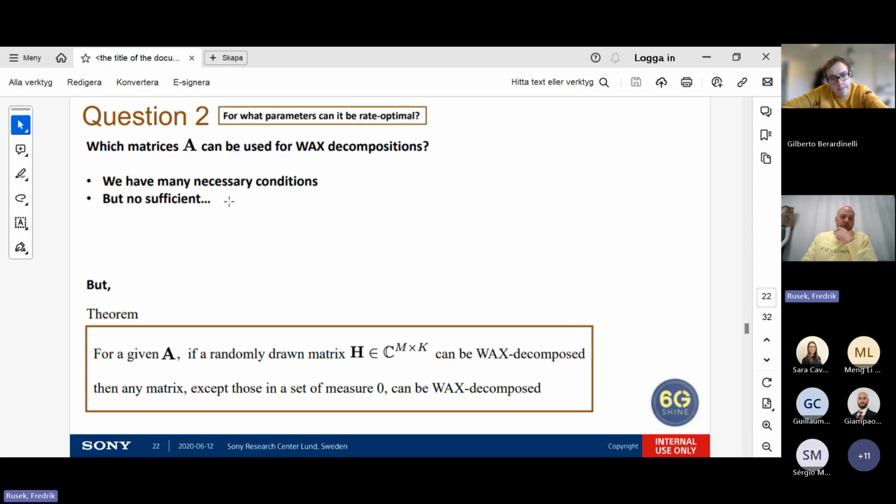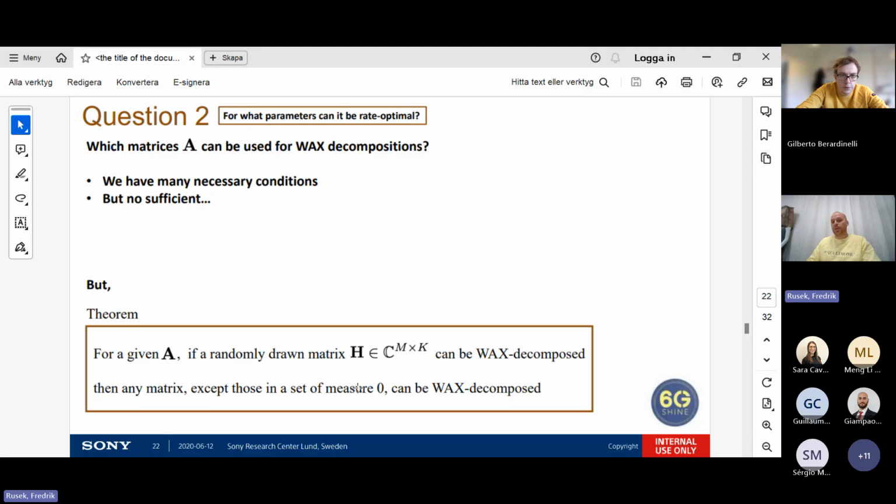We don't have any sufficient conditions for what A, but what we do have is that if you take an A that you would like, a 0, 1 A maybe, lots of zeros, lots of ones, and you take a random H, and if it is possible to perform the WAX decomposition for this random H, it will be possible for all H. So it is extremely simple to figure out if my matrix A is valid, if it allows for WAX, because you take any random H, you try to perform the WAX decomposition.